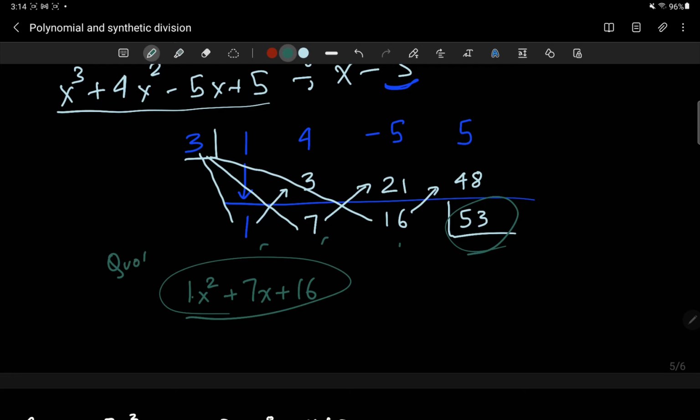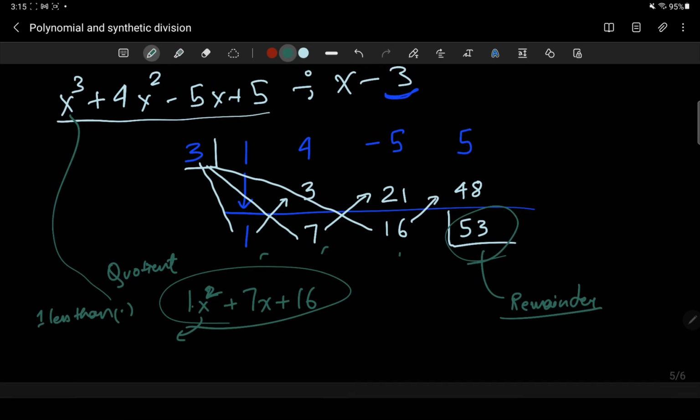So that will give you the quotient, whereas the last number here is going to give you the remainder. Now, how do we determine what this power of x should be? This first one is always 1 less than the highest power here.